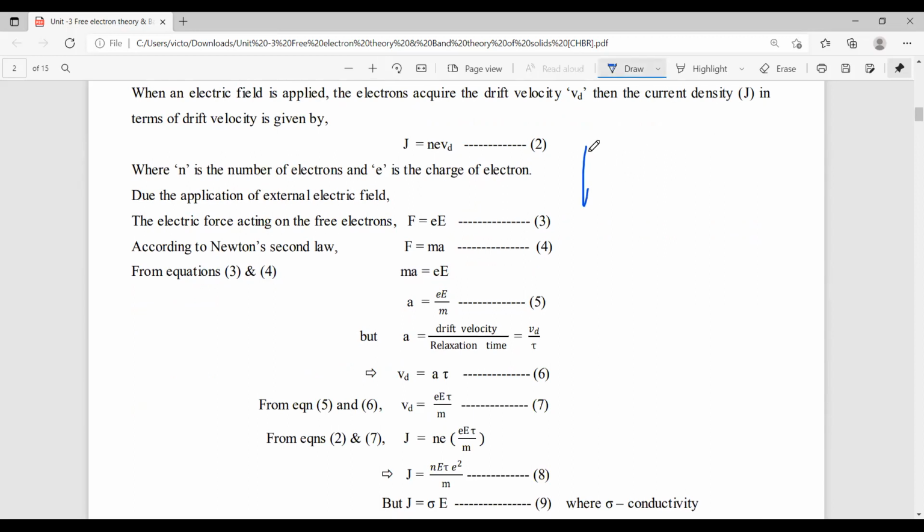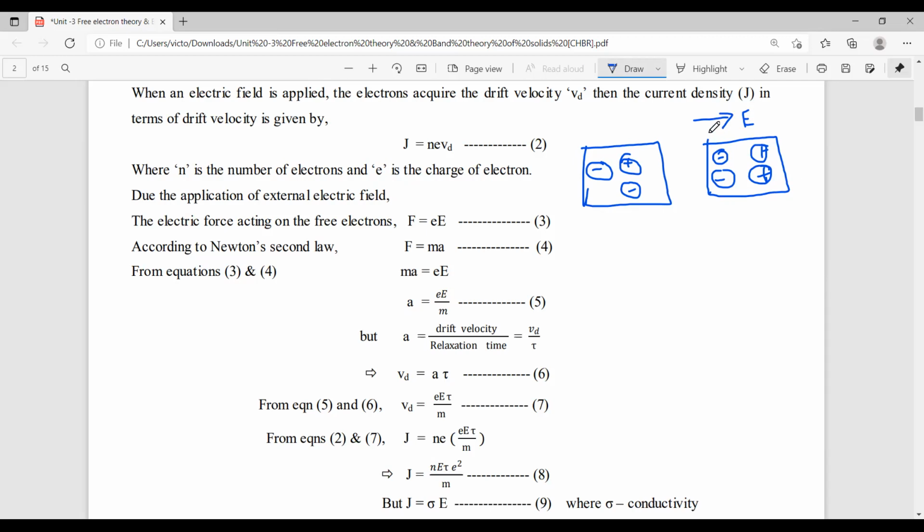Whenever we apply an electric field, the charge carriers move from their initial position. The negative charges move opposite to the field direction and the positive charges move towards the field direction. Due to acceleration, electrons attain some velocity, which is called drift velocity.